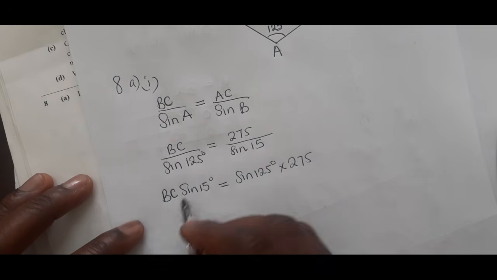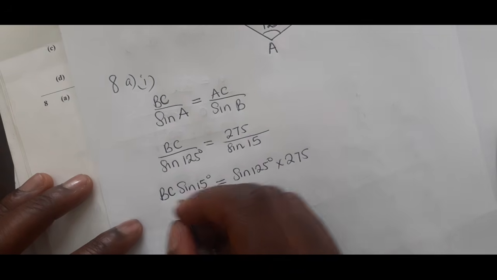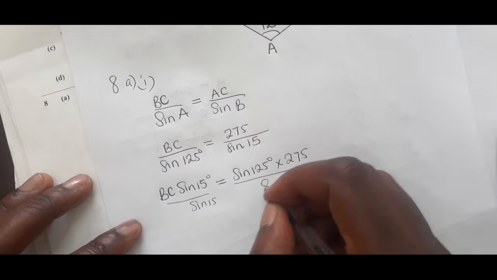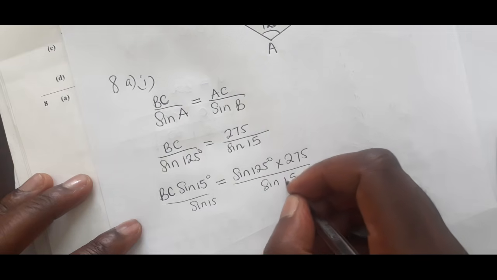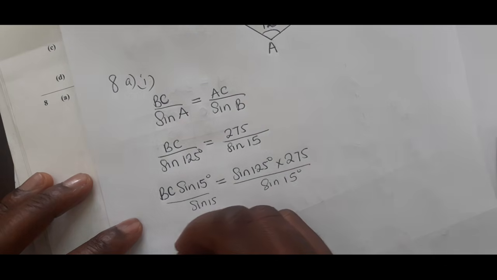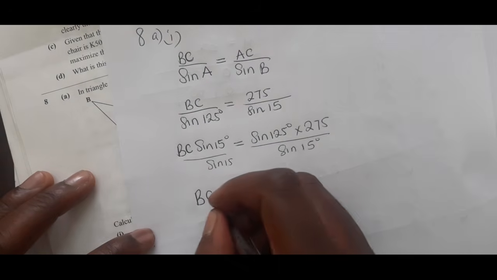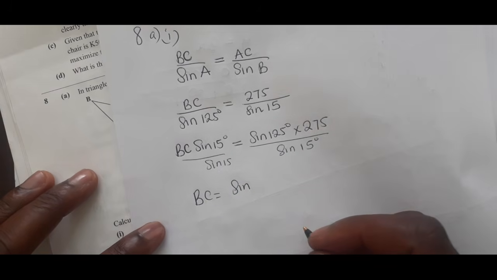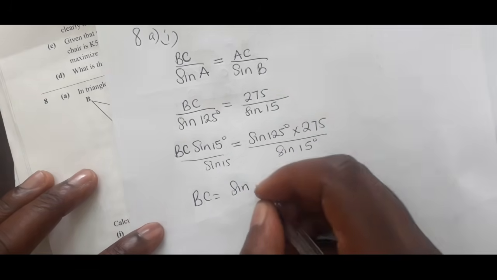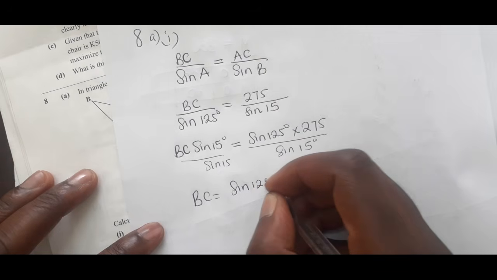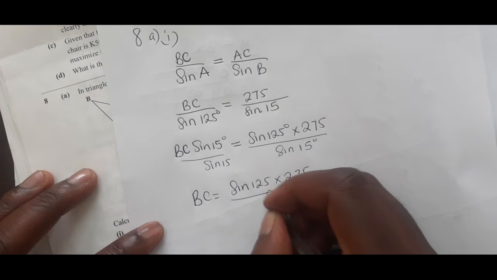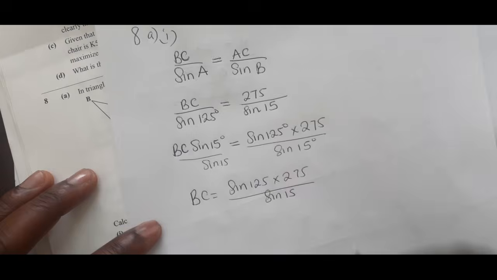Now we want to find BC, so we'll divide both sides by sine 15. So BC will be equal to sine 125 multiplied by 275 divided by sine 15.